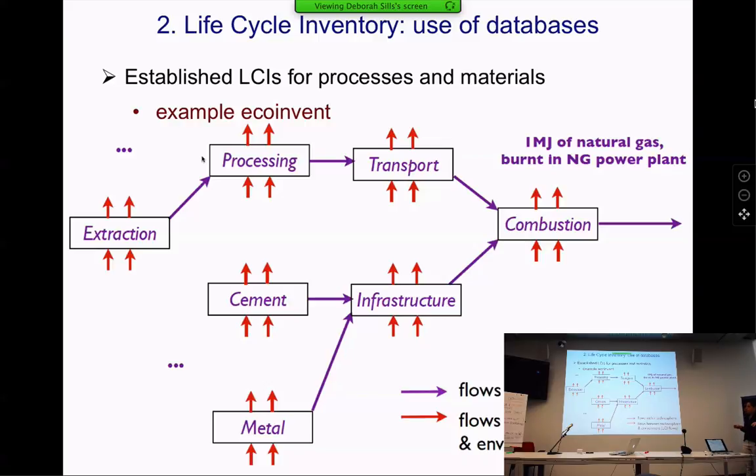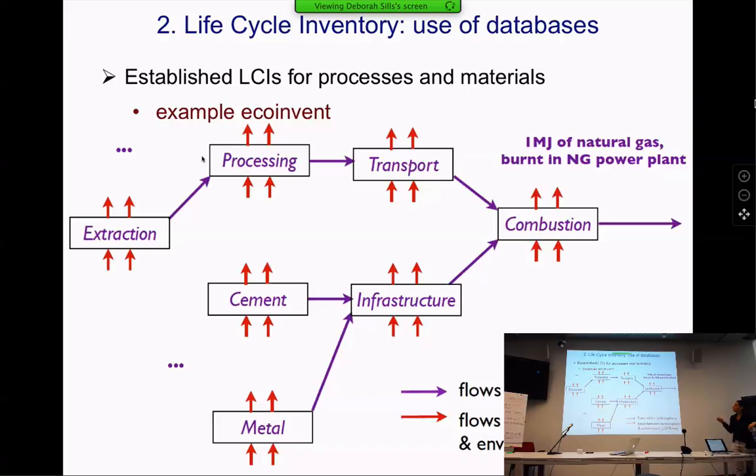The way I'm illustrating this is the items in your inventory are illustrated here by the red arrows. Now to calculate these, you also have to calculate the links between processes. Those are the flows between the processes, and in LCA lingo they are called flows within the technosphere.